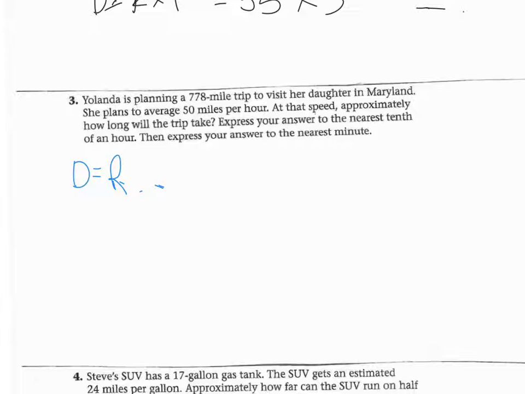I'm having a little problems here with my pen, but that's supposed to be distance equals rate times time. If we divide both sides by rate, rate cancels, and what we end up with is distance divided by rate equals time.